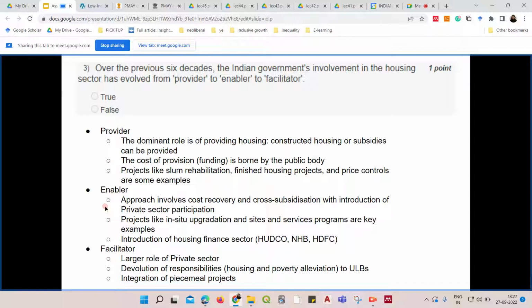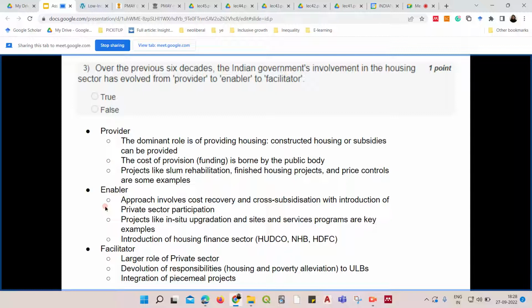key aspect of this role you would see is the introduction of the housing finance sector. As soon as you involve private sector participation, you shift the burden of bearing the cost of constructing new housing onto the private sector and the end user themselves.